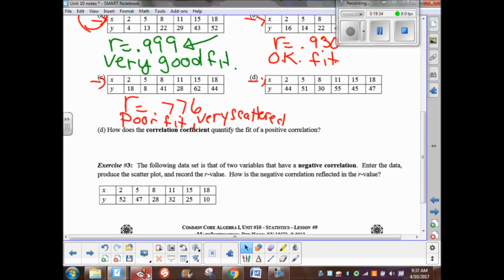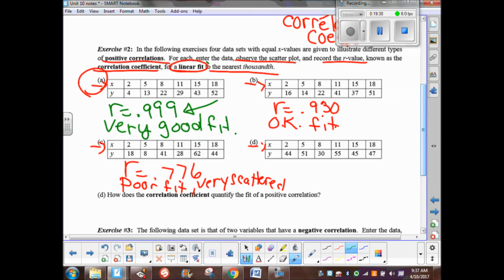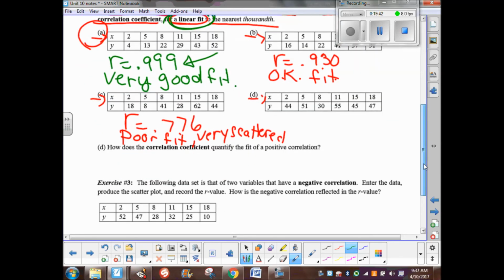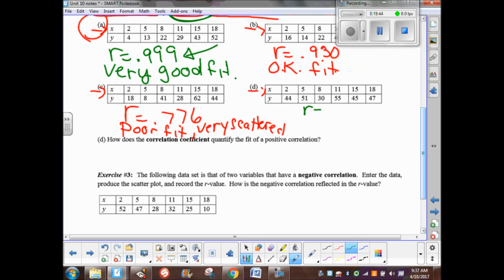The directions said linear, my friend. Linear fit. So we would say, well, the R value was that. That's really far away from positive 1. And almost no fit at all.